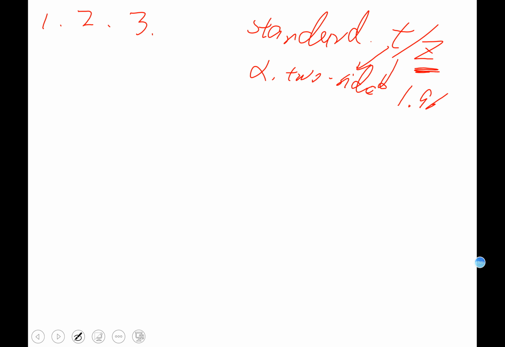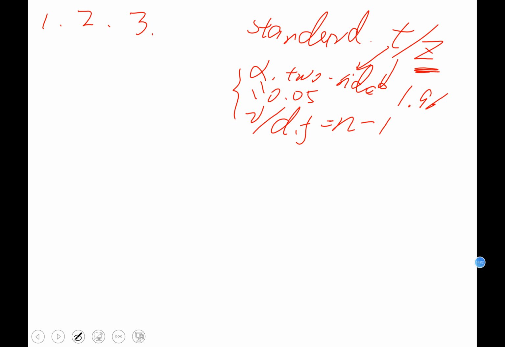So that means two-sided alpha equals 0.05, because in step 1 of the procedure of hypothesis test, we set alpha as 0.05. So this is the first number you need. And the second number is nu, or we can call it degrees of freedom, df. And nu equals the sample size, little n, minus 1. With the help of these two numbers, you can get the standard t from table A2.